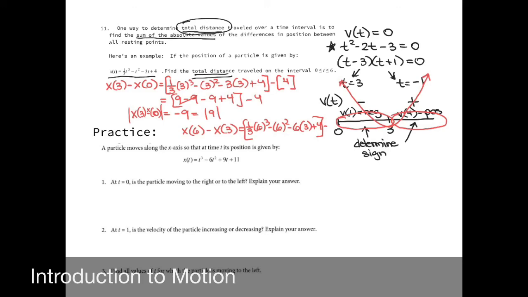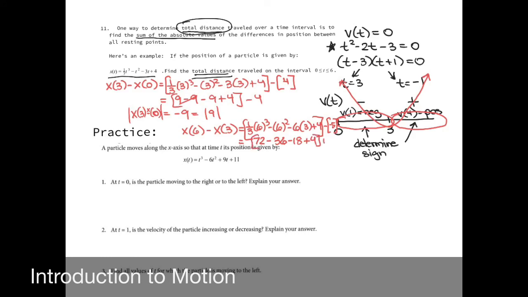Nope, x of 3 actually was negative 5. Okay, so I'm going to have to do my mathematics on this problem, and I wish I had figured this out before starting the video, so I'm pulling up my calculator real quick. 6 times 6 times 6 is 216, divided by 3 is 72. So 72 minus 36 minus 18 plus 4.